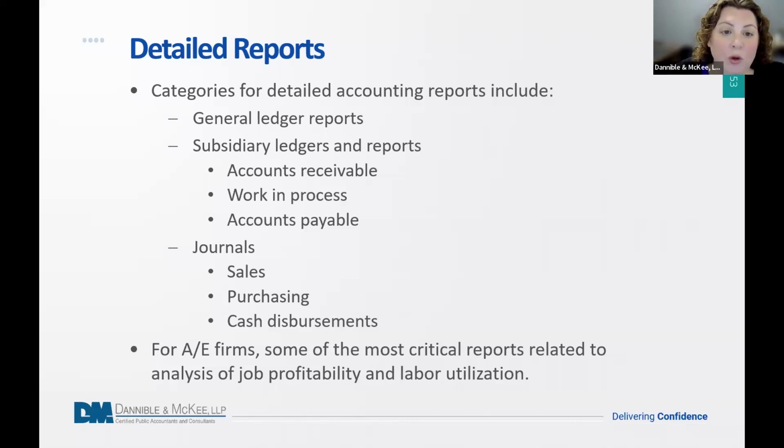Sort it by project manager so that they can really dive right into their own jobs and not have to worry about everyone else. You know, looking at different journals, whether any sales or purchasing journals or cash disbursements. Maybe there are principals that want to look at the different cash disbursements that have been made throughout the month, considering whether those should be part of your financial statement package each month.